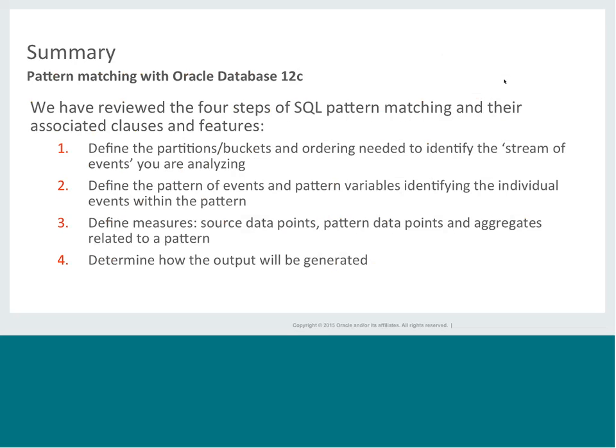We have a number of customers that are doing very powerful analysis around pattern matching using 10g and 11g. A lot of those customers that were doing that type of analysis have helped us build the Match Recognize clause and make it a much simpler, easier, and most importantly, faster, significantly faster process for SQL processing.